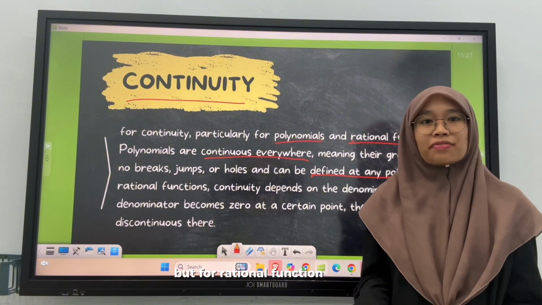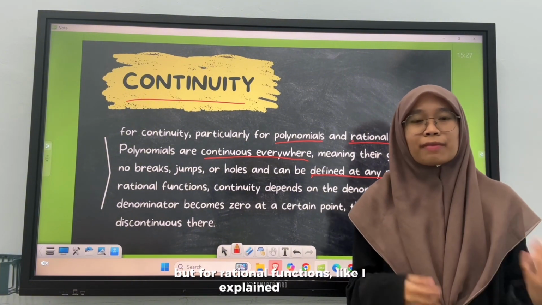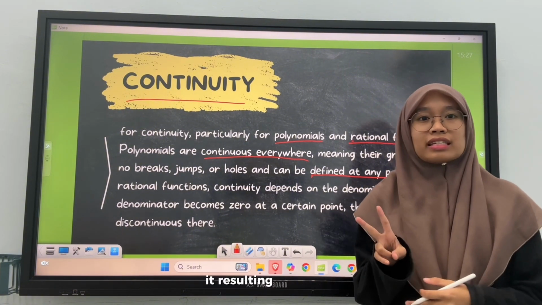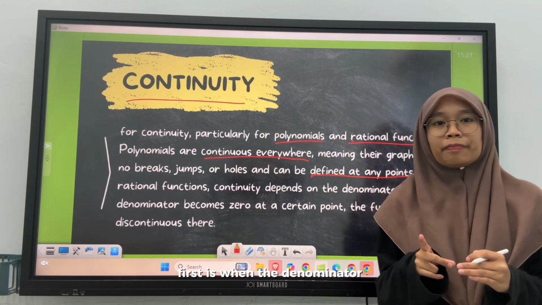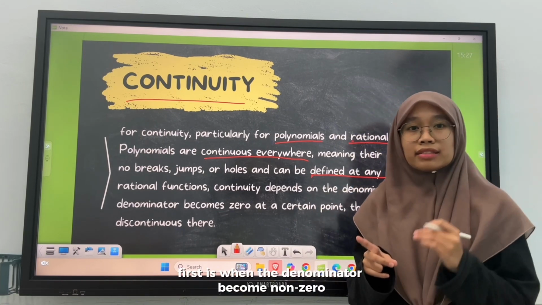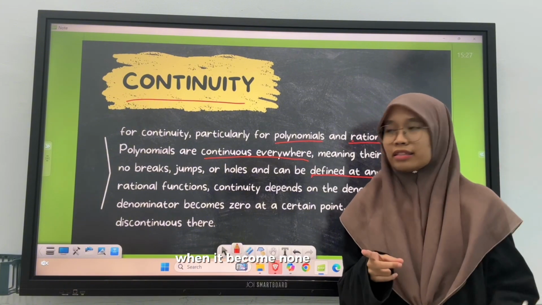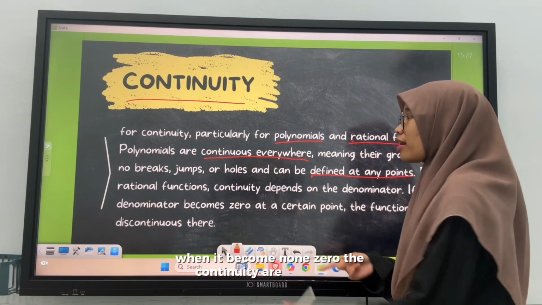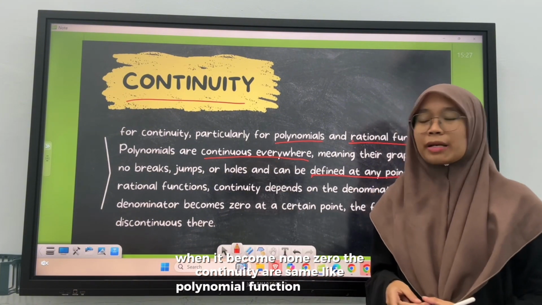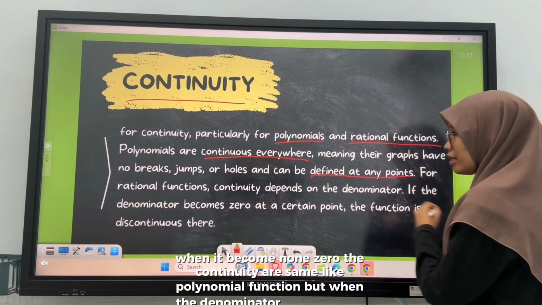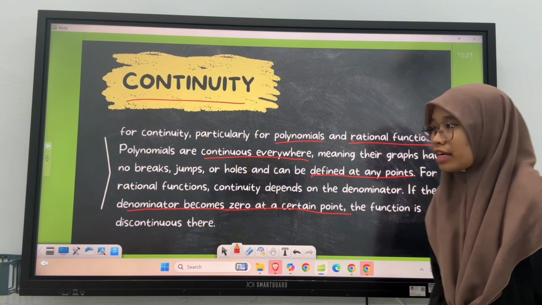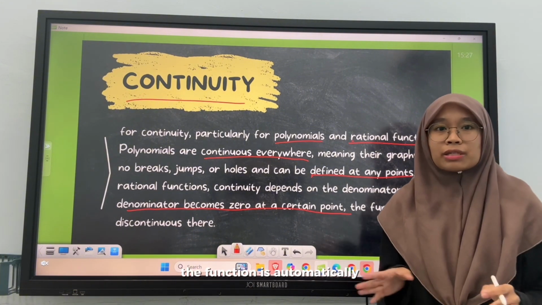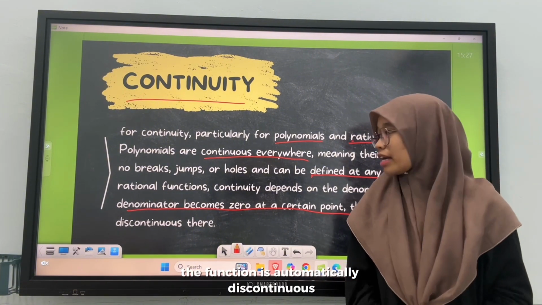But for rational functions, like I explained before, it results in two cases. First is when the denominator is non-zero. When it is non-zero, the continuity is the same as a polynomial function. But when the denominator becomes 0 at a certain point, the function is automatically discontinuous.